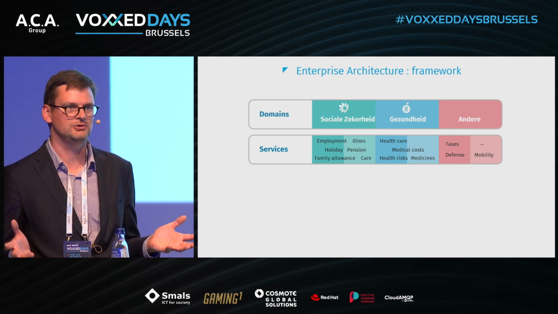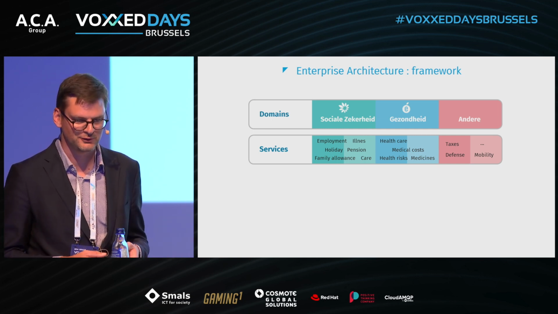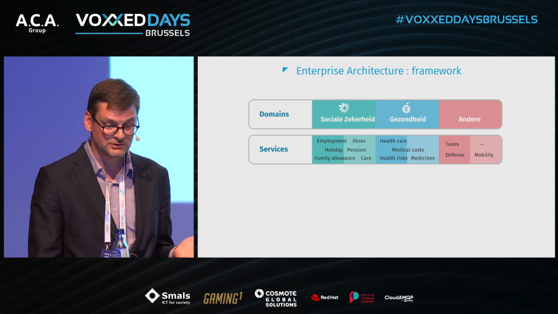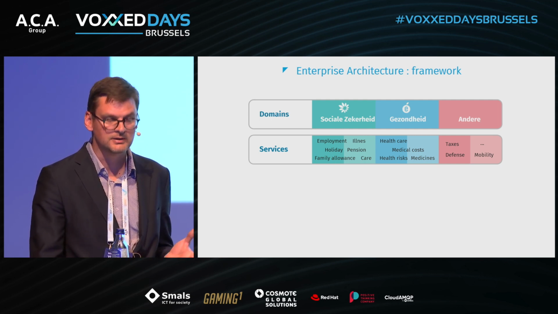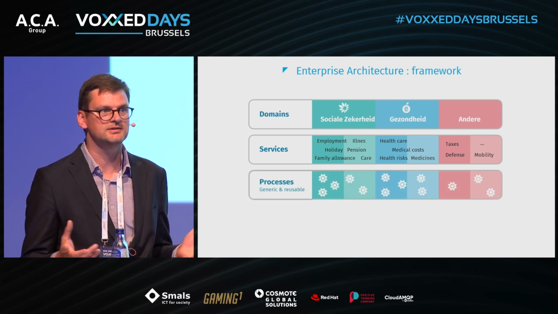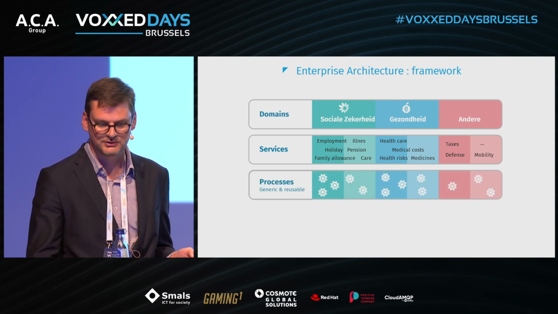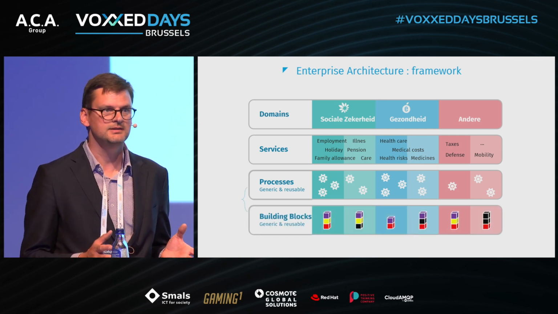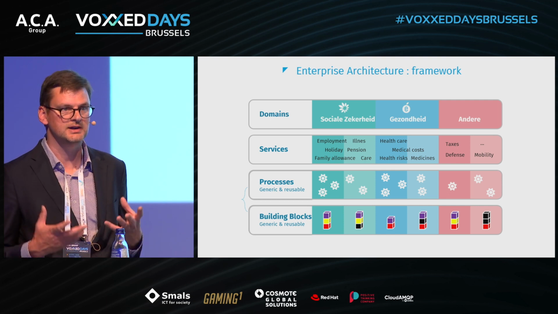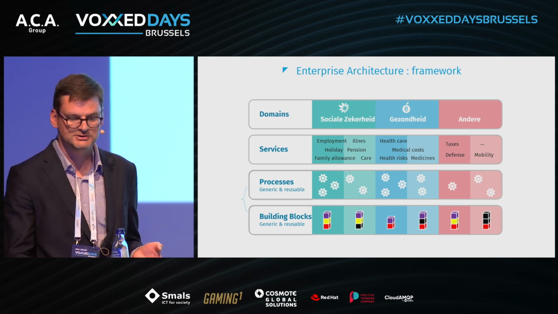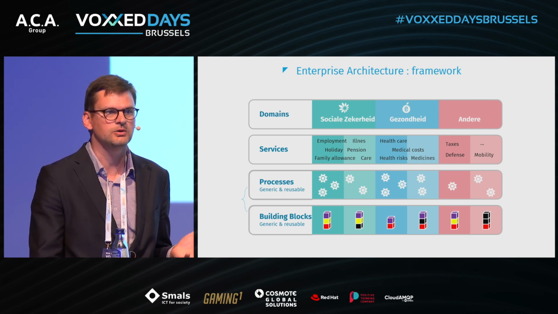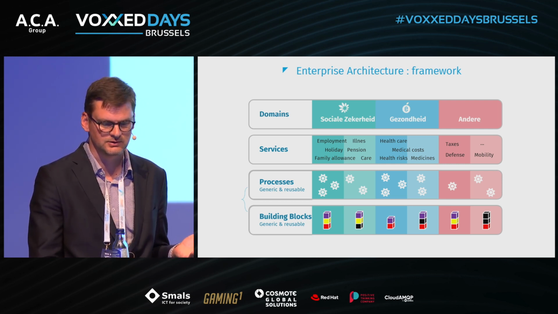So social security is of course famous in Belgium, and it provides good services nowadays. For doing that, there are processes that support these services, and we try, that's the idea here, to provide as much as possible generic and reusable building blocks to be able to support these processes or to support these services.